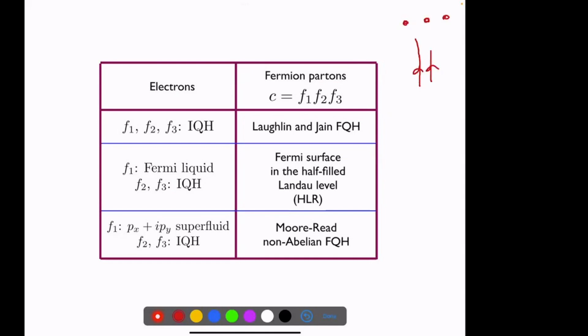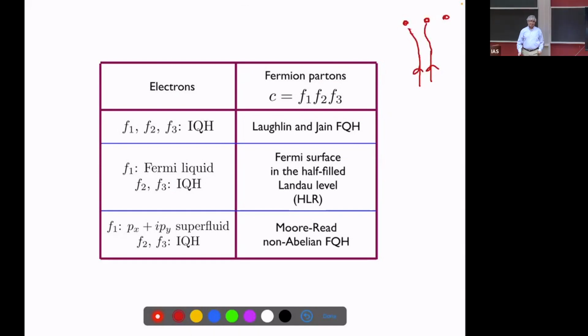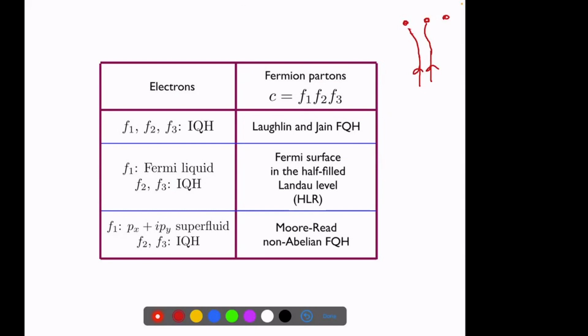There's a question about what are the commutation relations between F1, F2, F3? They're fermions, which have the usual Fermi commutation relations. You can think of 1, 2, 3 as some kind of spin label or color label. For a single electron, there is a 1, 2, 3 associated with it, and for another electron, there is another 1, 2, 3, and there is no special relationship between the Fs for one electron and another electron.